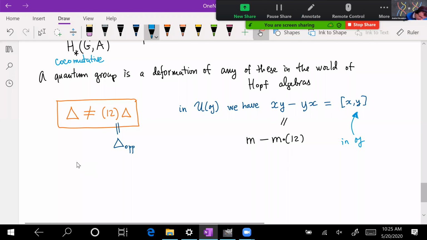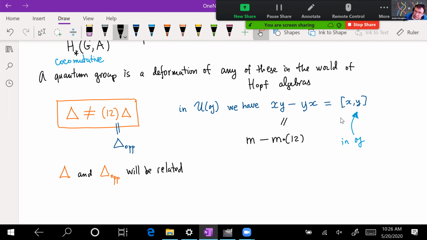Similarly here, delta and delta opposite will be related. This is like saying that in a Lie algebra I have a commutation relation, which tells me how to commute two elements. Here there will be a co-commutation relation.